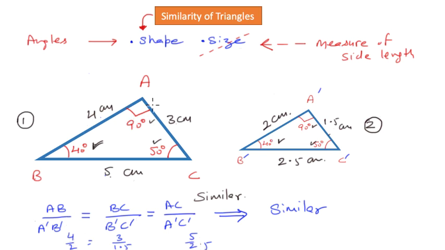That is the only thing you need to check while checking the similarity of triangles. To recap, triangles are similar when they are identical in shape but not necessarily identical in size. Now let us work on a sample problem to understand this concept a little deeper.